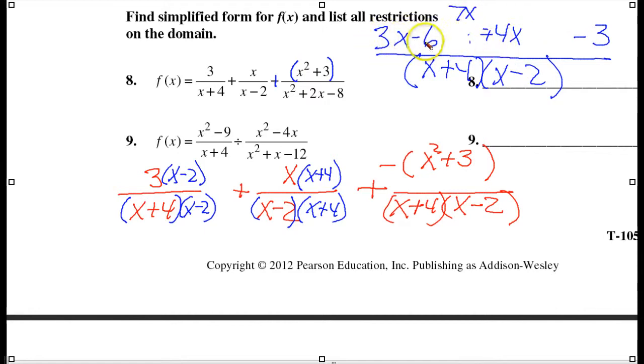Then I have a negative 6 and a negative 3, which gives me a negative 9. So that is my answer. 7x minus 9 over this common denominator. And that was what we did for number 8.